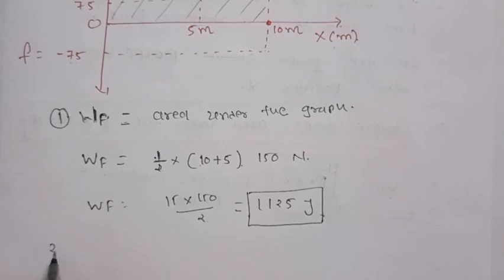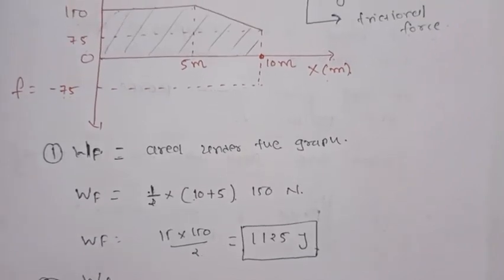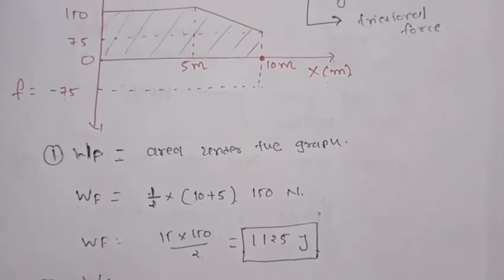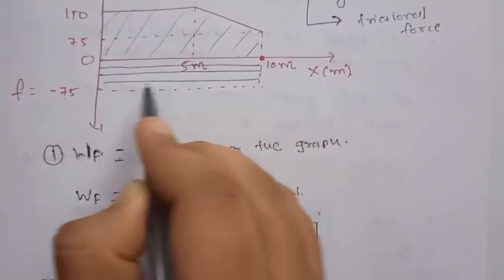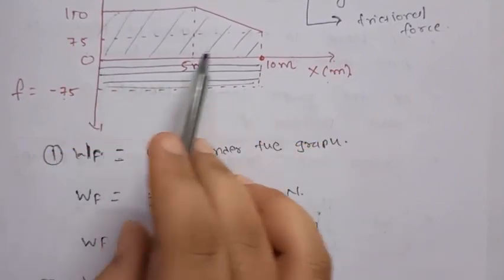Now let us find the work done due to frictional force. Again we have to find the area. Now this time the area will be this. This is a rectangle.